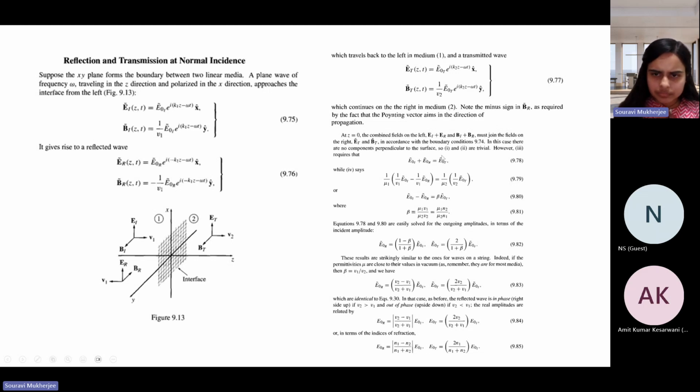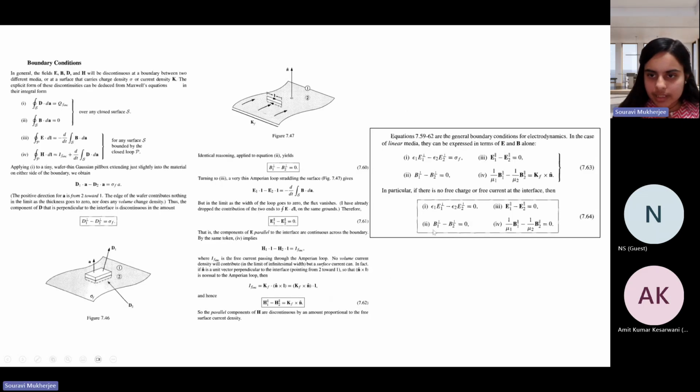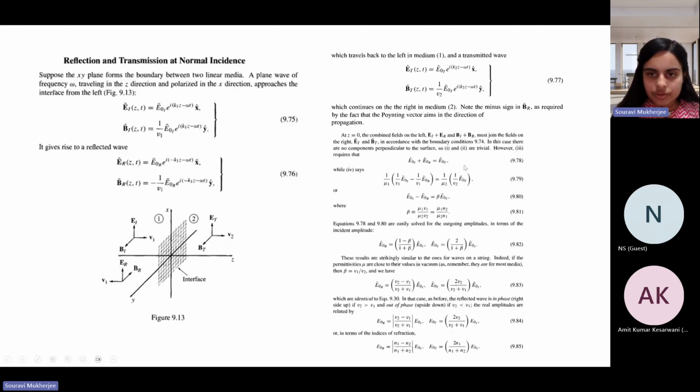If you apply those conditions, from equation 4, by which I mean this condition, you get these two relations. And if you solve them further, you get this quantity beta. This shows how it's related to the velocities of the waves in different media.